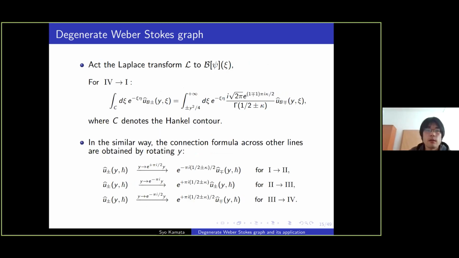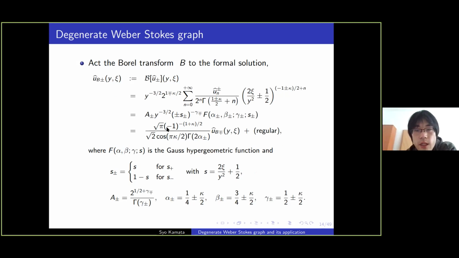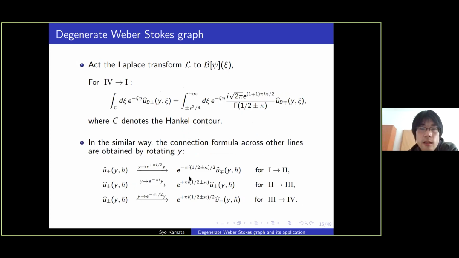Now let us act the Laplace transform and take a Hankel contour. Because here, for example, there is a singularity, this gives a non-trivial value. So now here U plus, and it gives a U minus here. This is basically the connection formula, and an important fact is that it has a gamma function in the denominator and also depends on kappa.